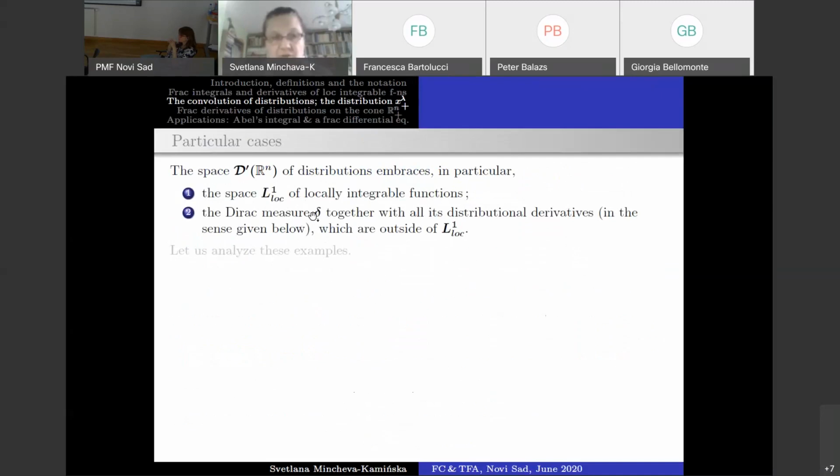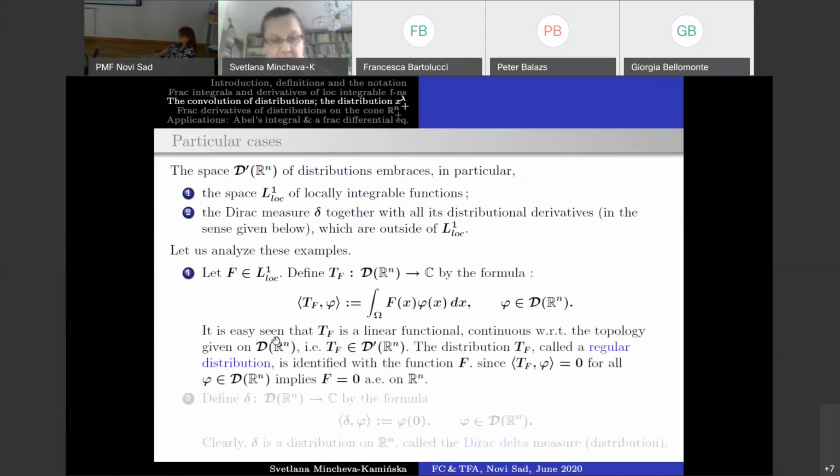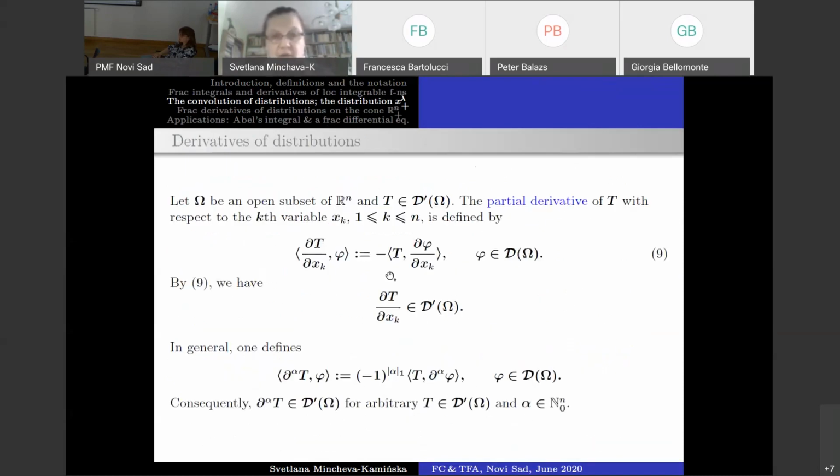We consider also the Dirac delta measure together with derivatives of this delta measure, which will be shown in the next slides. And here we have representation of delta Dirac function as a distribution.